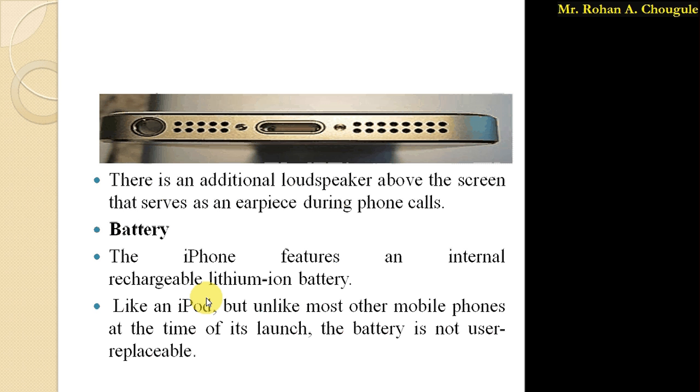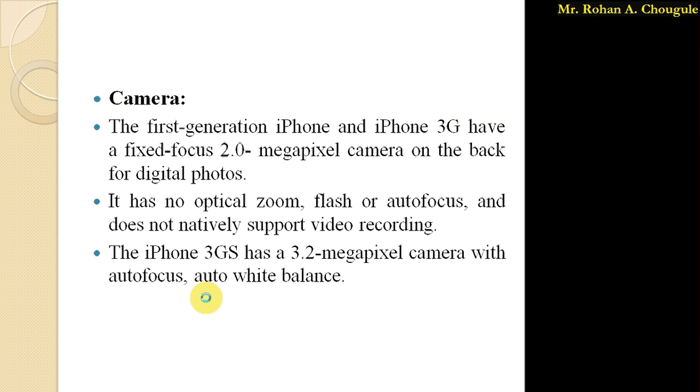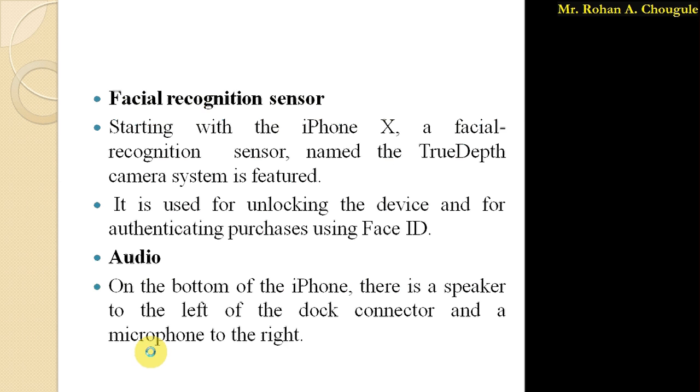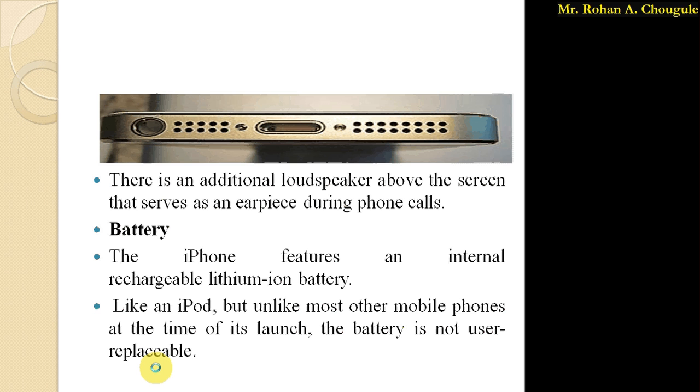I have shown one picture of the iPhone 5s. Here on the left side we have the loudspeaker, and on the right side we have the microphone. I have written the same over here: the speaker is on the left side, and on the right side we have the microphone.